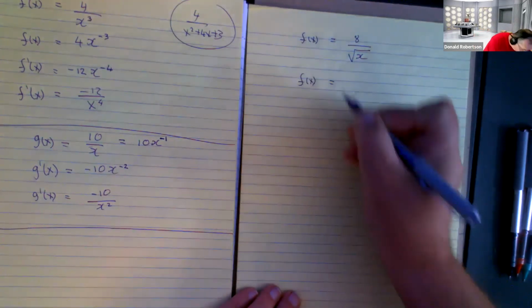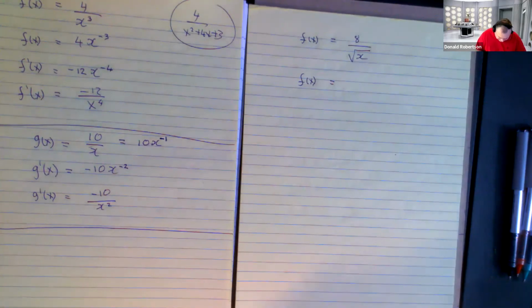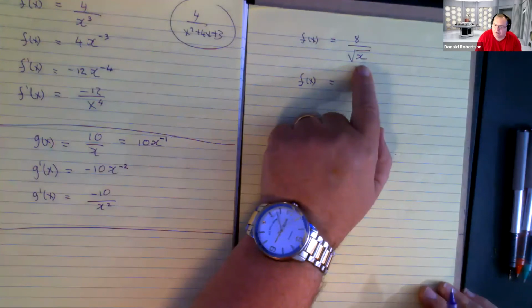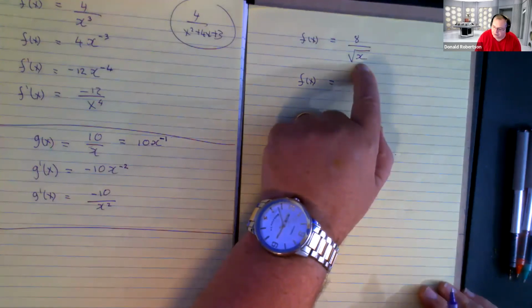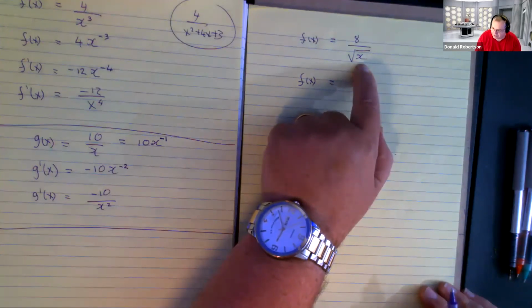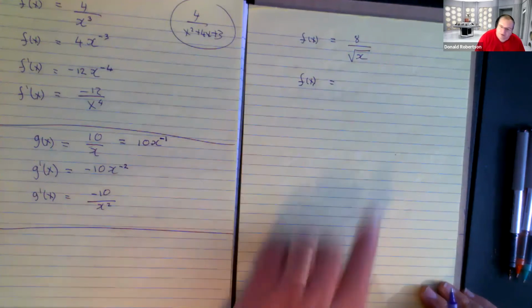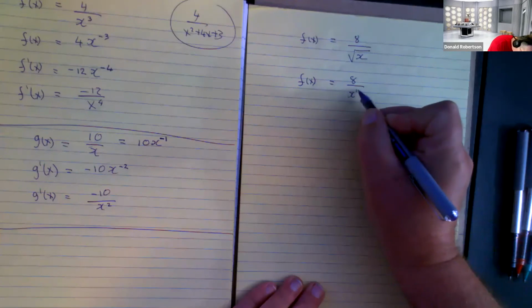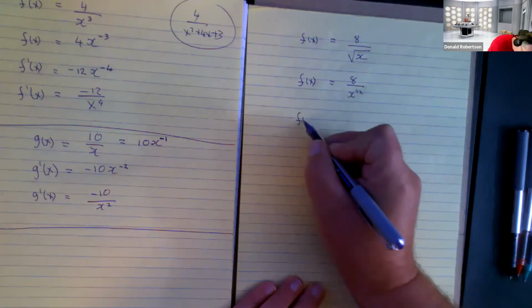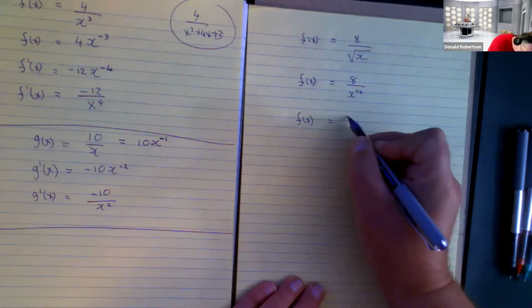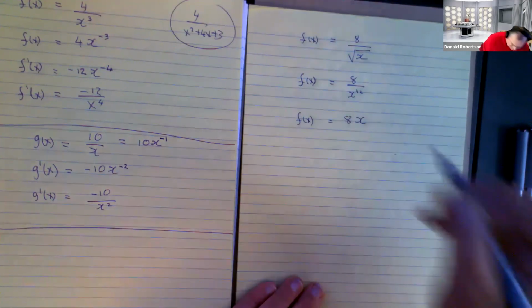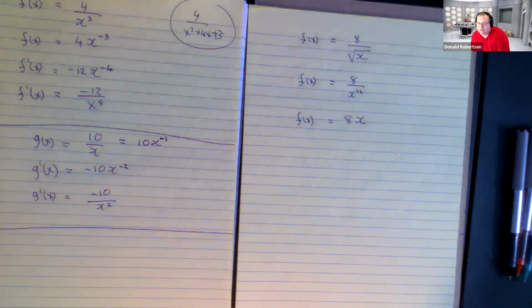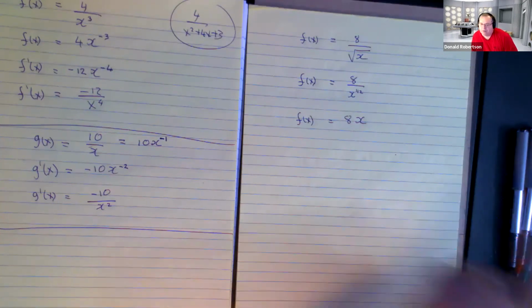Now, every single question that I've done today has kind of had the same flow. Wouldn't we turn this into a power of x? Now I'm going to do it a little bit slowly. I'm going to call the square root a half. Eventually you do this in one go. 8 on the top, x to the power of half on the bottom.